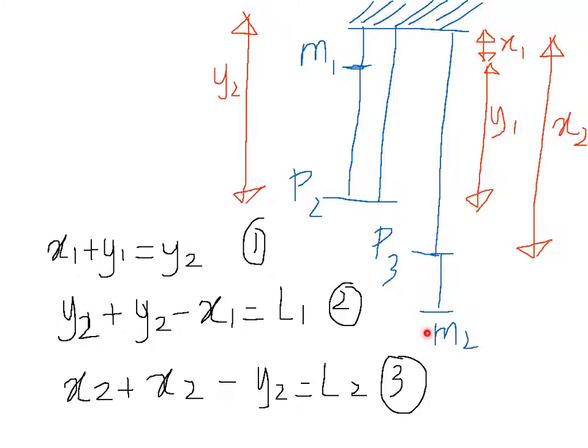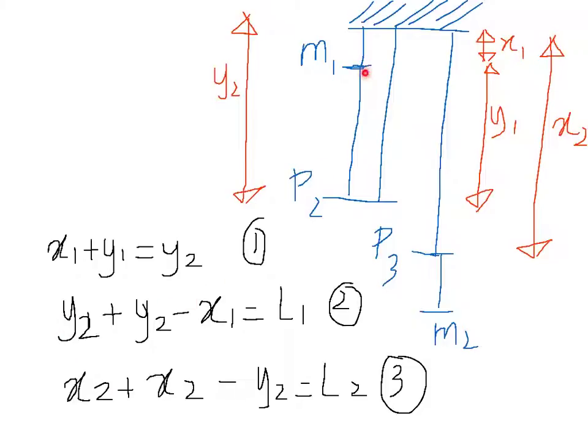So what can we find here? Let's look at the equations. First, this equation x1 plus y1 equals y2 pertains to this distance: from the reference point up to pulley 2 is y2, and that's broken up as y1, which is this, and x1, which is this. So that's the obvious one. The second constraint relationship pertains to the length of the string wound around P2.